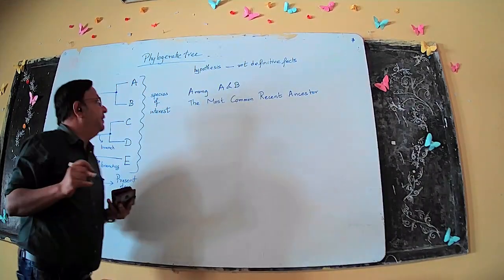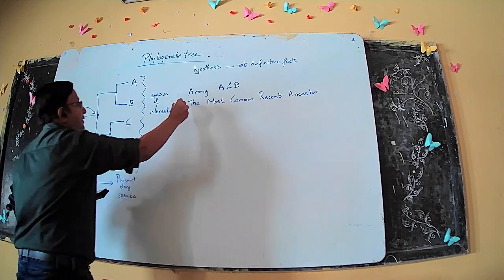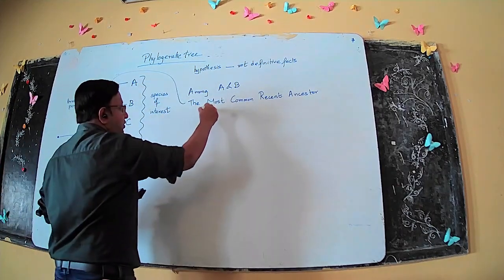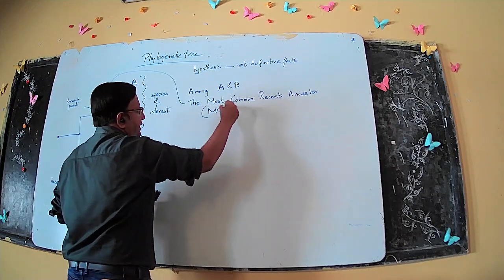The most recent common ancestor among A and B is this. This is also known as MRCA.